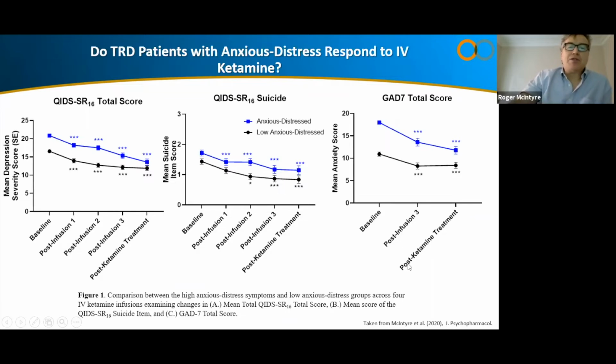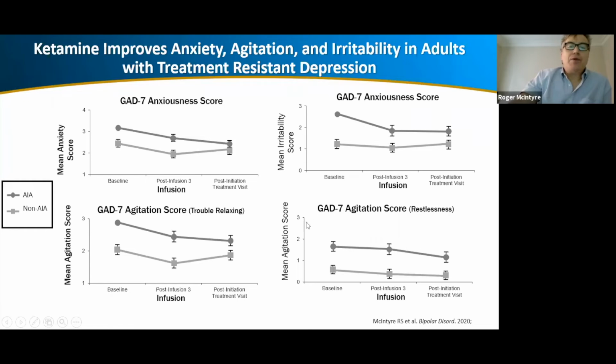In a separate analysis, just to show a bit of replication of this, we looked at three items, and this was a separate analysis of our data, what I call AIA, anxiousness, irritability, and agitation, as a proxy for anxious and mixed features. And we found a very similar finding here. That's not the focus of the article I'm going to speak to today, but this is aligned with what we found looking at this trifecta.